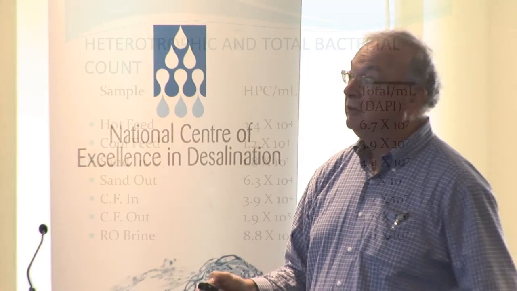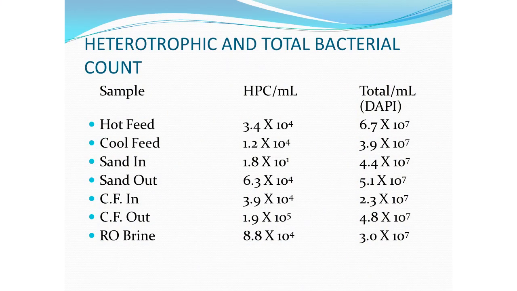Now, this was from a study I did in Tampa, Florida, on the heterotrophic, and DAPI is a stain that picks up all the bacteria. And you see at Tampa, the heterotrophic counts, you see the decrease from 10 to the 4 to 10 to the 1 because of chlorination. They were doing chlorination, dechlorination.